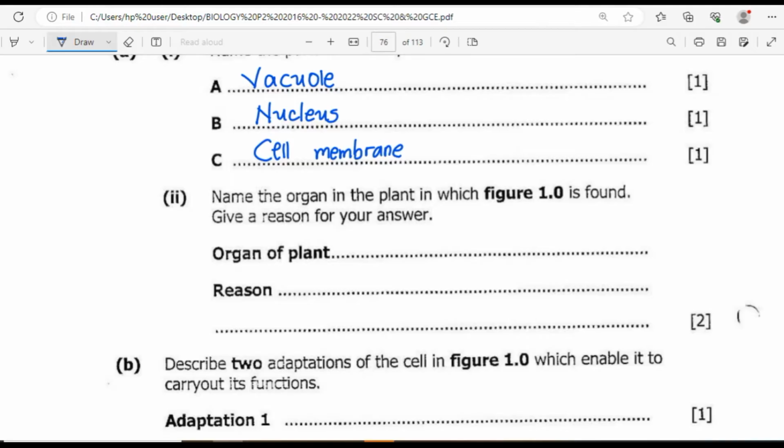Now Roman number 2, name the organ in the plant in which figure 1.0 is found. Give a reason for your answer. So the organ where this cell is found is a leaf. Then the reason: this is where photosynthesis occurs.